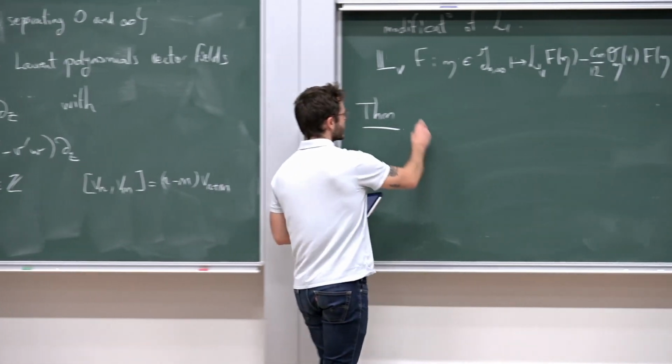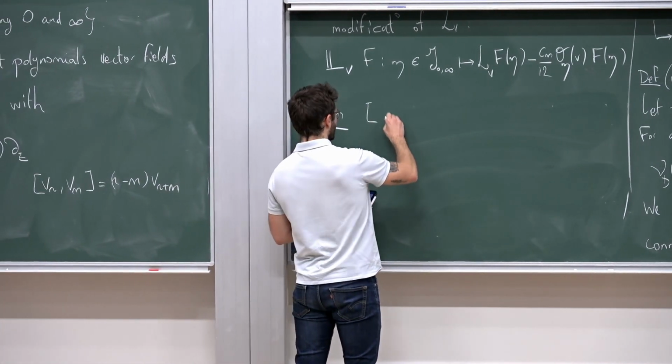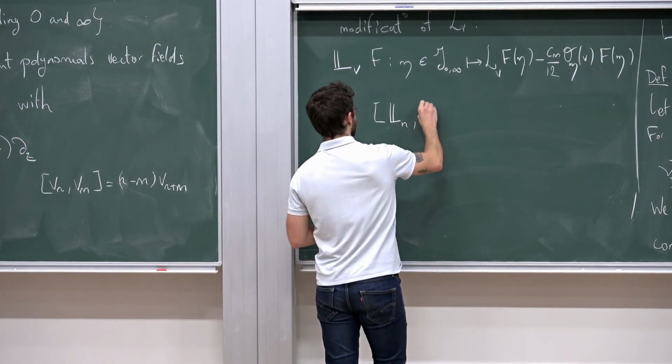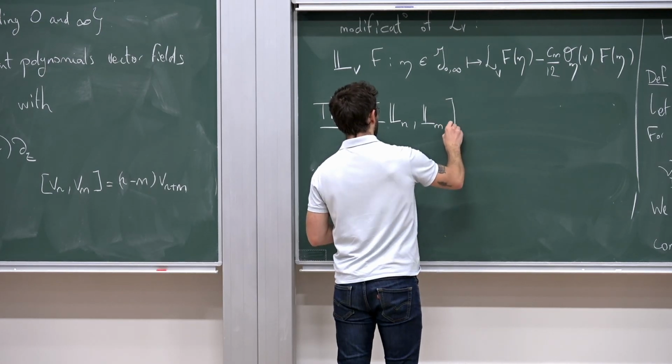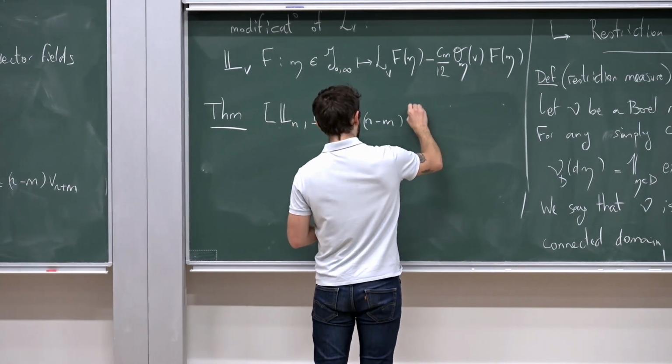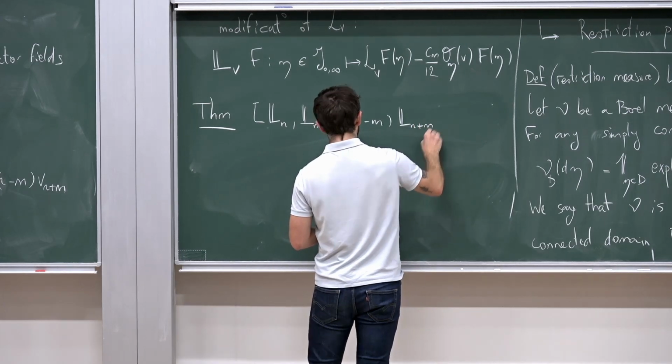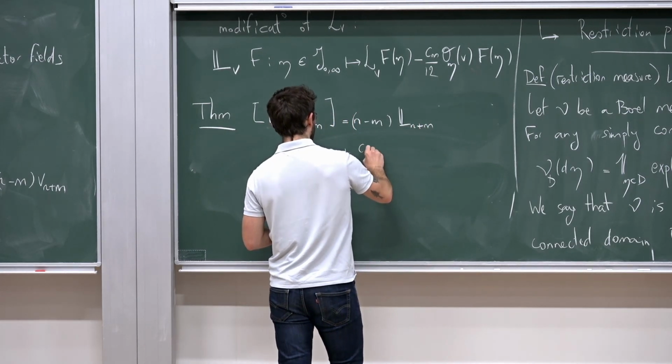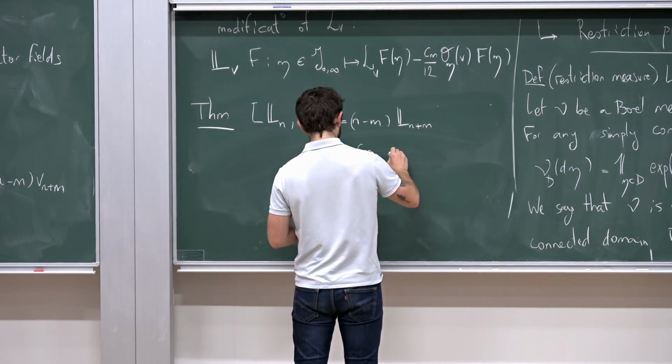Basically, what this means is that they satisfy the following relation: n minus m L n plus m, the same as I had before, plus a correction that depends on the central charge.